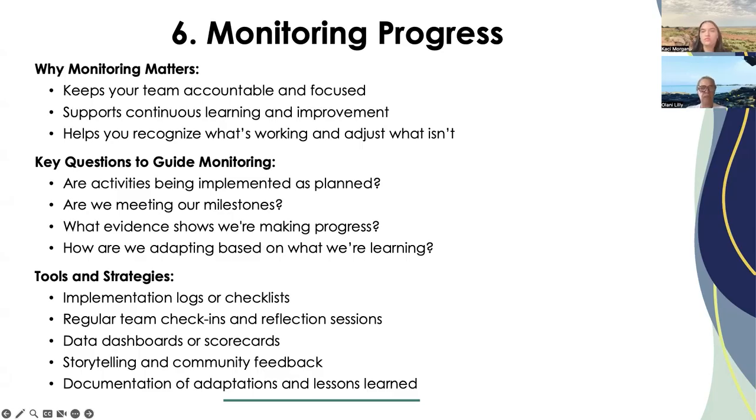Some of the key questions that can really help guide monitoring is, are activities being implemented as planned? One of the ideas is really looking at implementation fidelity. Are we doing exactly what we said we were going to do?